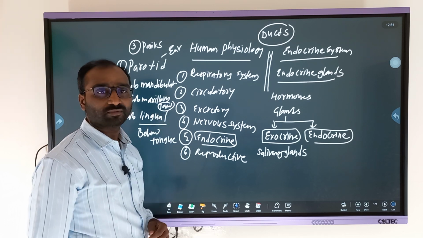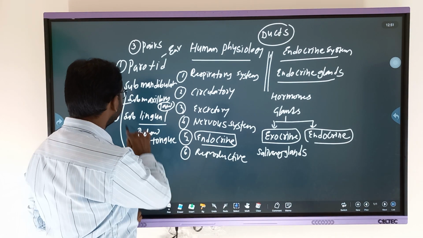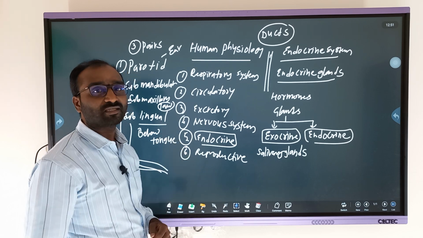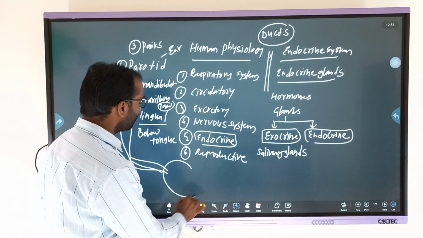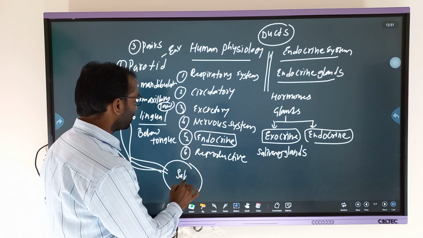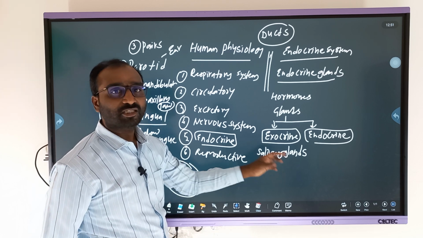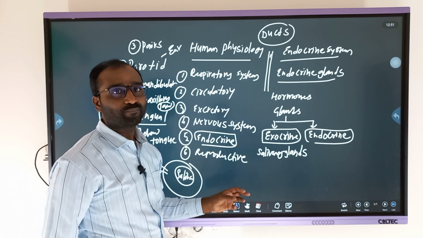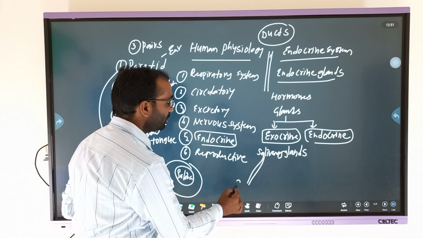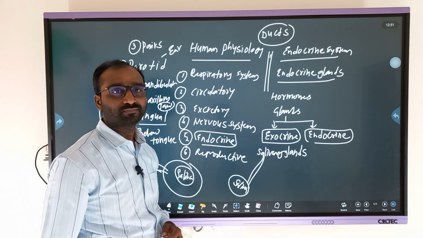Then what are they doing? These three pairs of salivary glands have ducts, and these ducts drain into the oral cavity or mouth, which produces the saliva. So the salivary glands are producing saliva that can be passed through the ducts into the mouth.